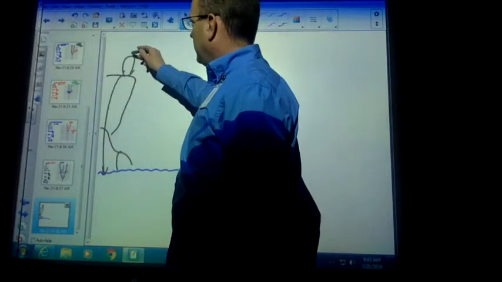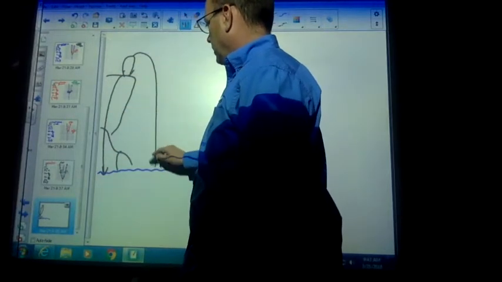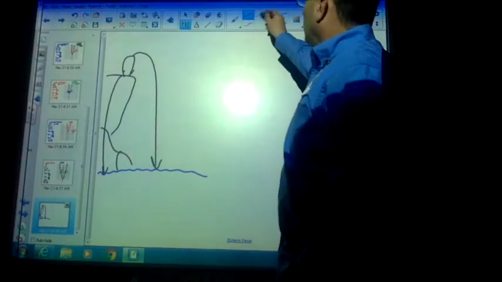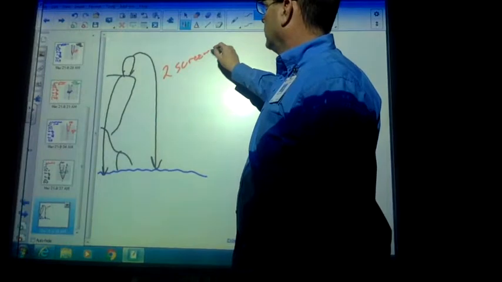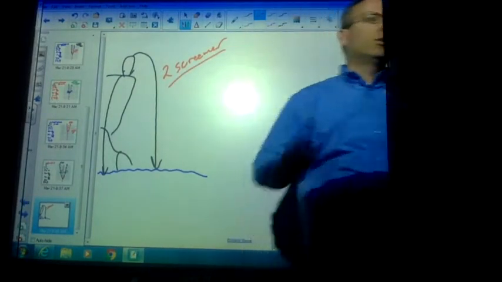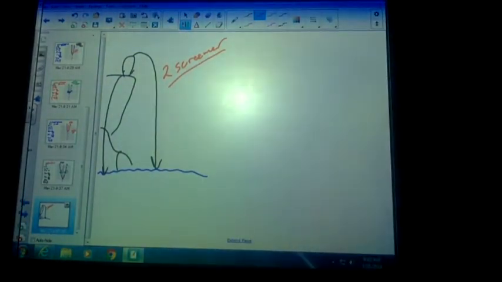That was a far jump. Then you had people just do one of these into the water. Well, this was called the two screamer. You could scream twice on the way down. It was a far drop.